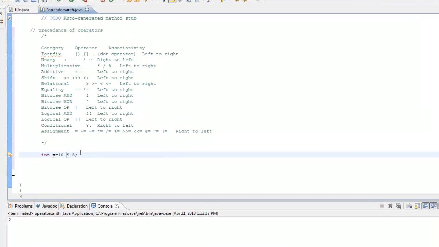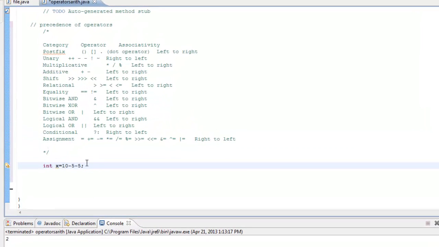Now this will depend upon whether it is grouped as this, which generates 0, or it is grouped as this, which generates 10. So depending upon how the expressions are grouped, the result will be different.